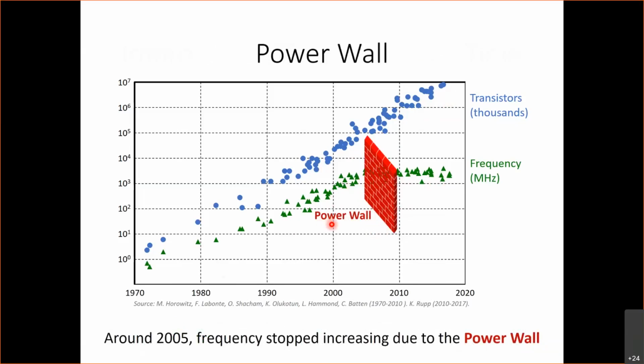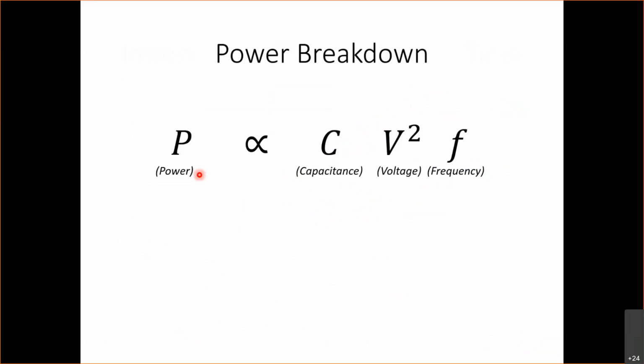Let's see what I mean by power. Power is basically the energy consumed per unit time inside of a processor. Power is proportional to three things. It's proportional to capacitance, the capacitance in the circuit.